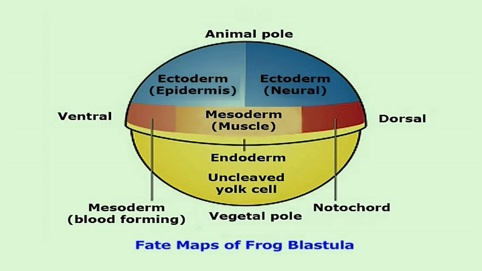The entire pigmented area on and around the animal pole, the prospective ectoderm, consists of two main areas. The epidermal ectoderm, which is to become the skin epidermis, occupies the anteroventral side of the blastula, and the neural ectoderm, along the future dorsal side of the embryo, develops into the central nervous system.